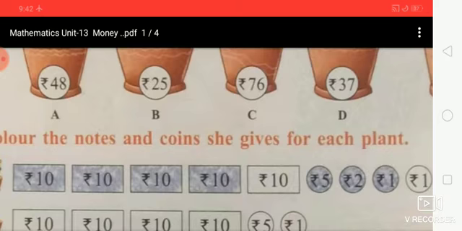Okay students, do you know there are two types of money, notes and coins? Coins are 1 rupee, 2 rupees and 5 rupees.